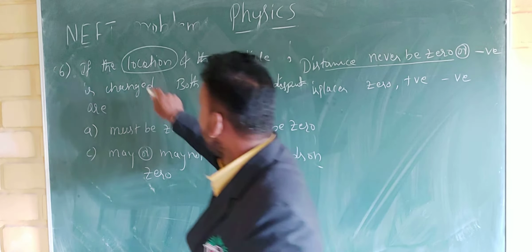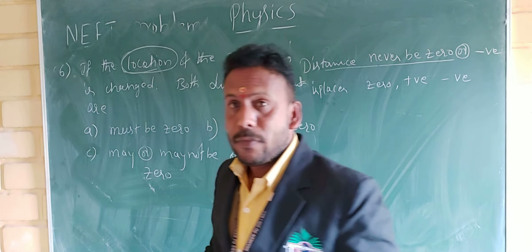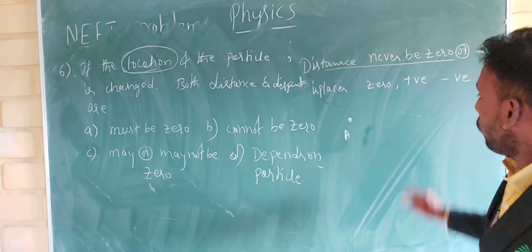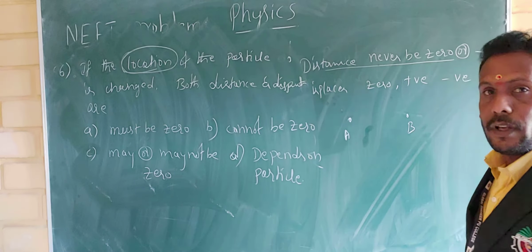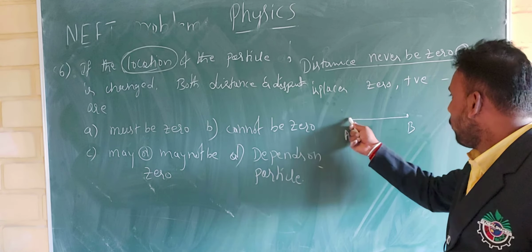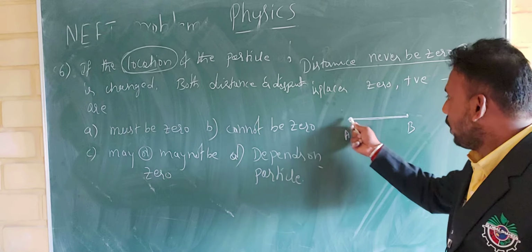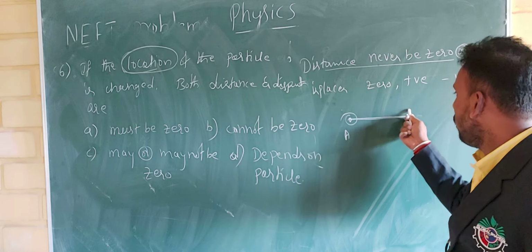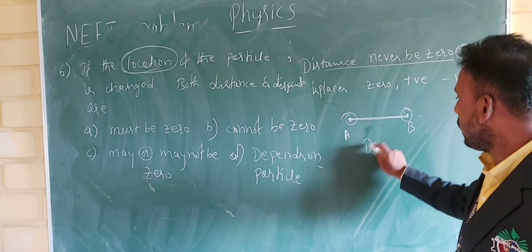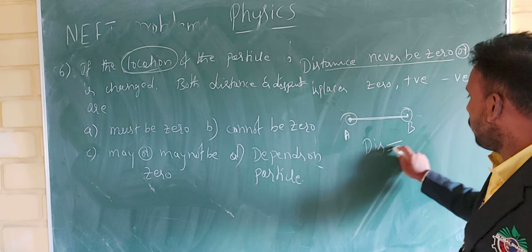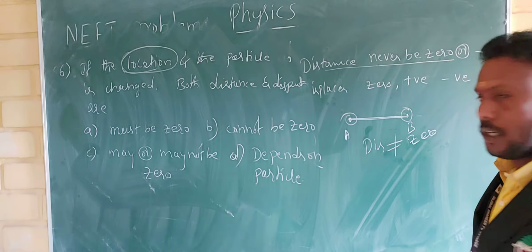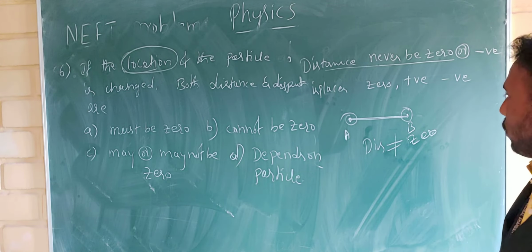Here the location is changed: initial position is A, final position is B. Distance is not equal to 0.